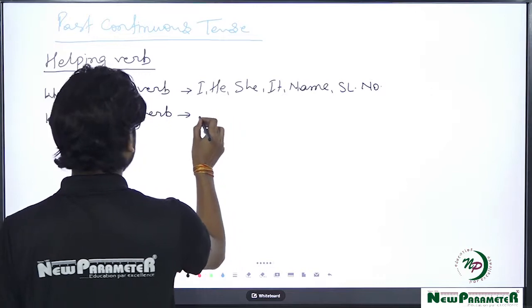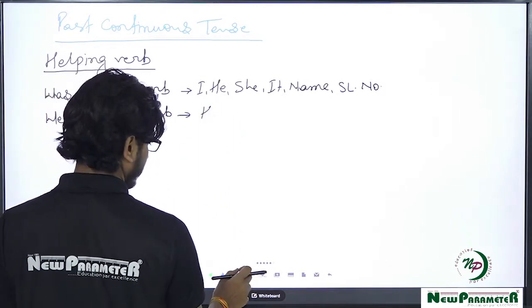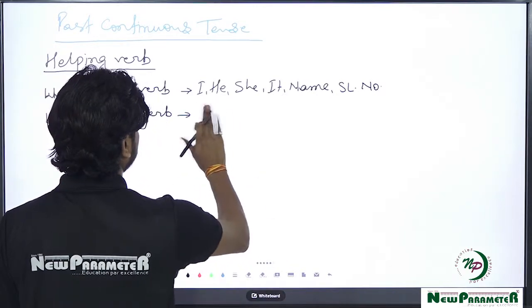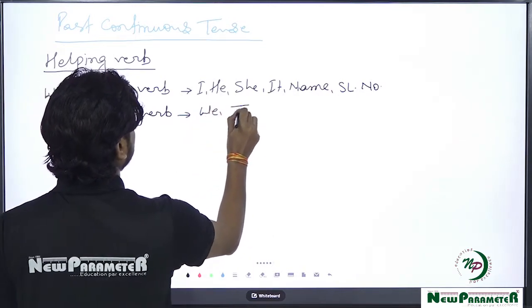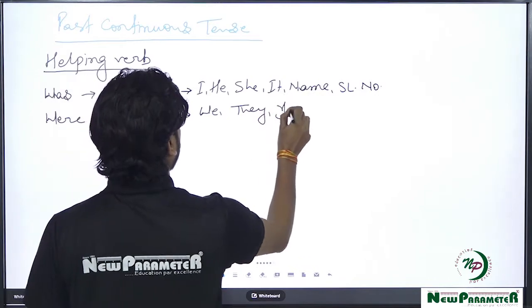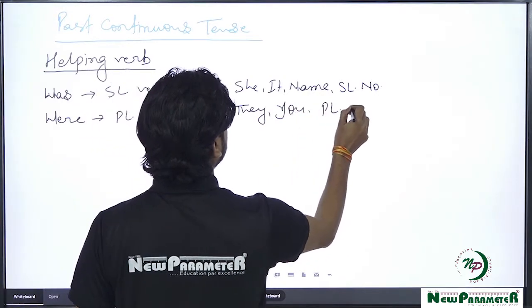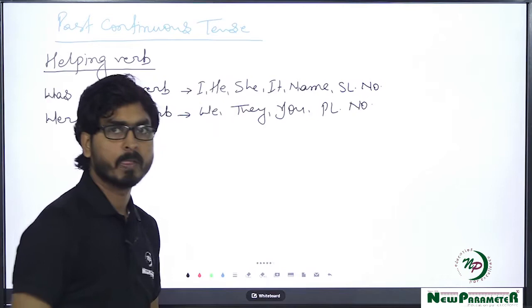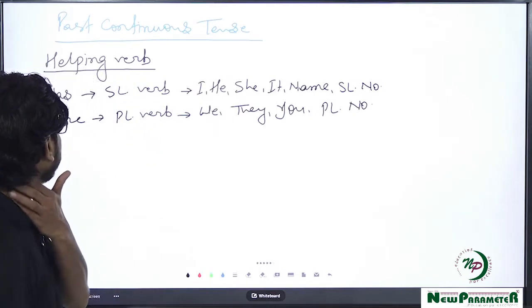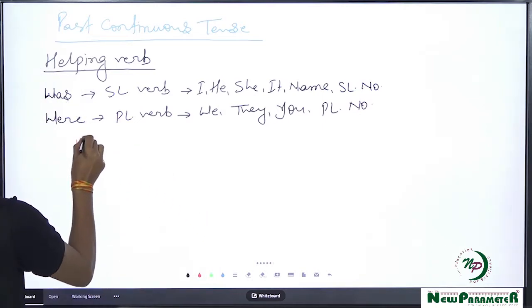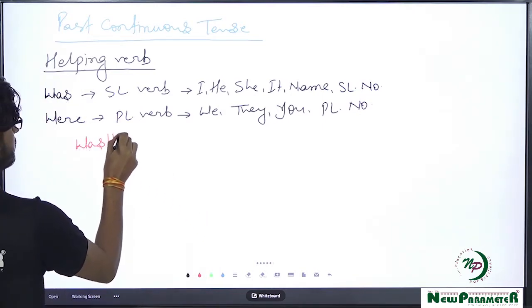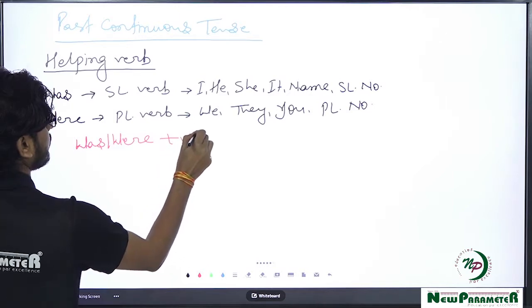And were goes with we, they, you, and plural number. Okay, so basically whenever we use was and were, we must use V4.